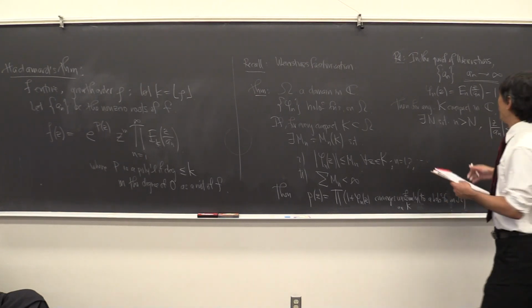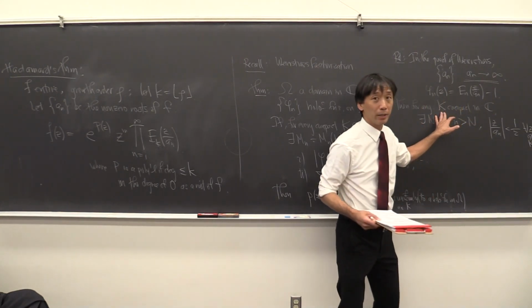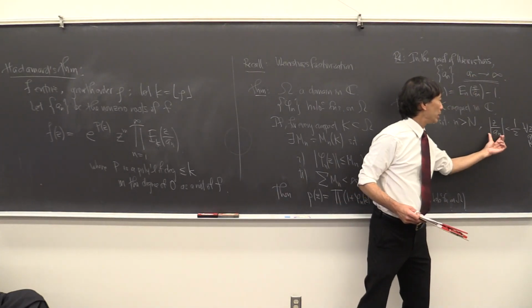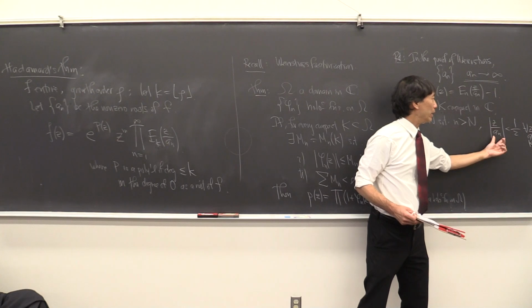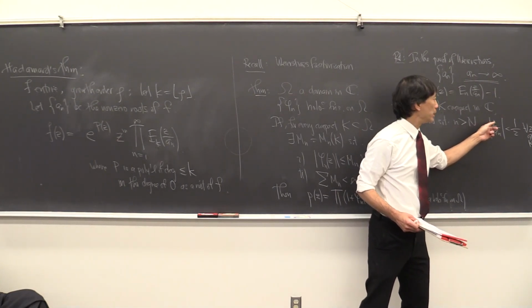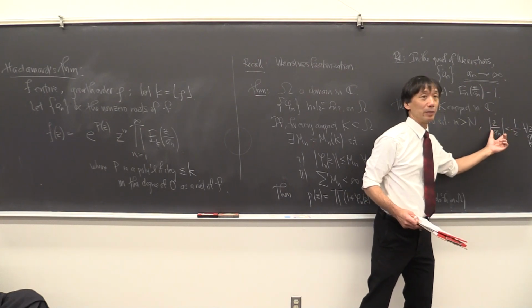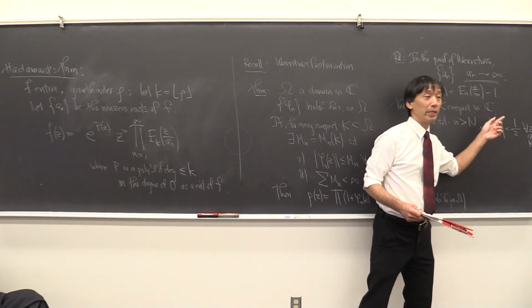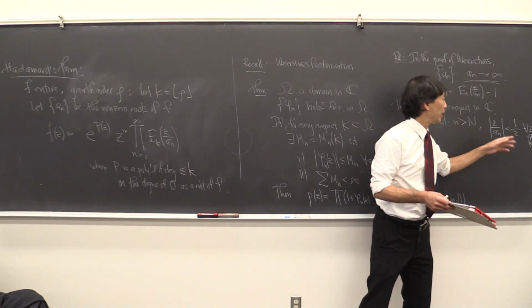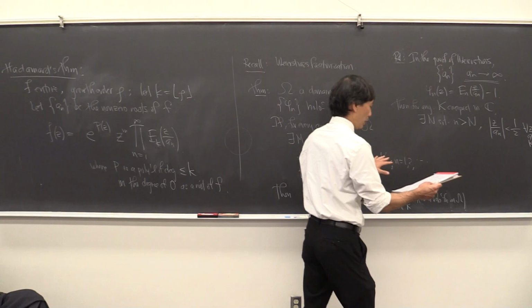If we fix a compact set, since the a sub n go to infinity, at some point we're going to have it so that for any point in the compact set, z over a sub n is going to be smaller than half in size, because the a sub n's go off to infinity, and compact means closed and bounded.